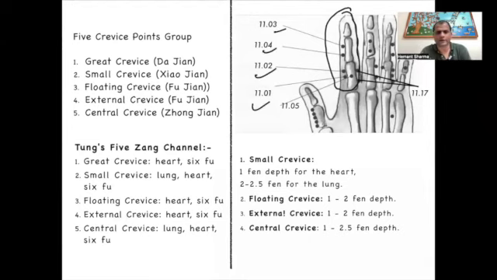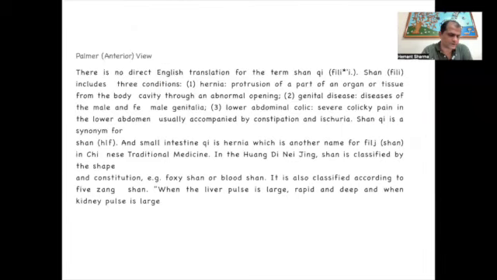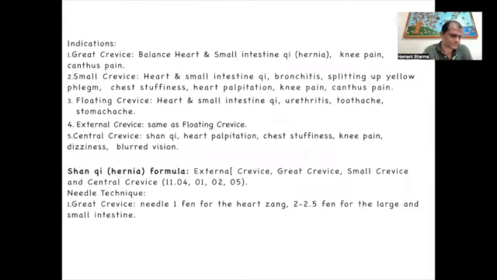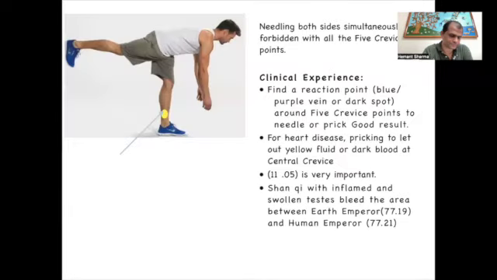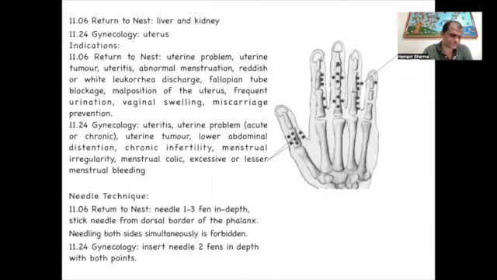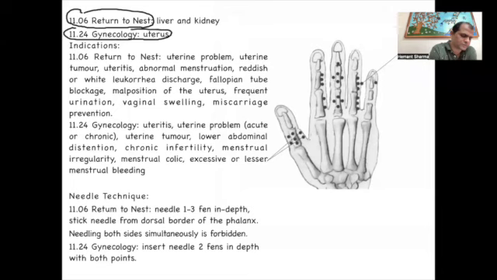But before that, I would like to start with a very interesting and well-known point, that is 11.06, and 11.24. Anyone who is learning Master Tung, I'm sure knows these 2 points, number 1, 11.06 and number 2, 11.24, because they are very well-known points. So let's start from there.